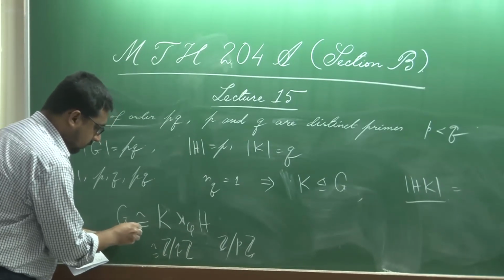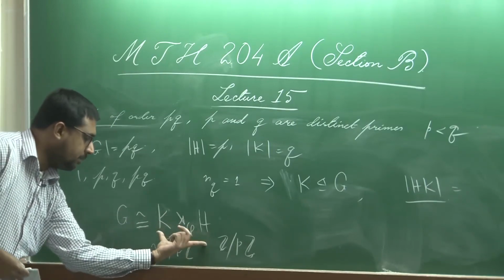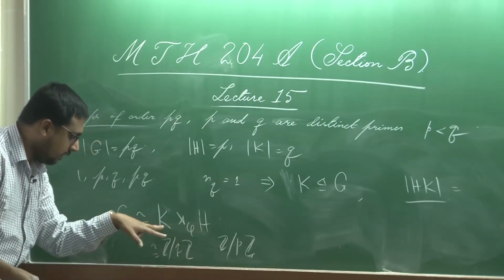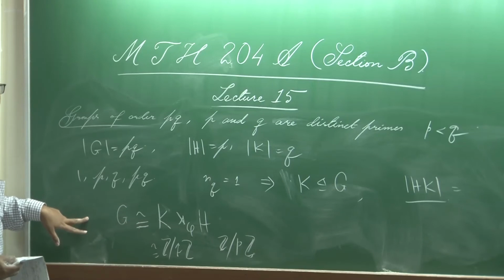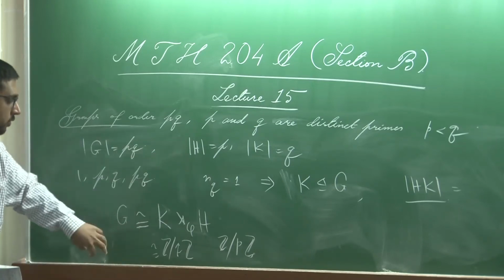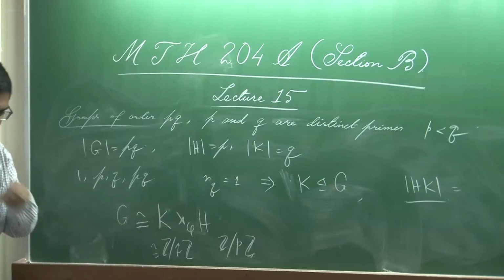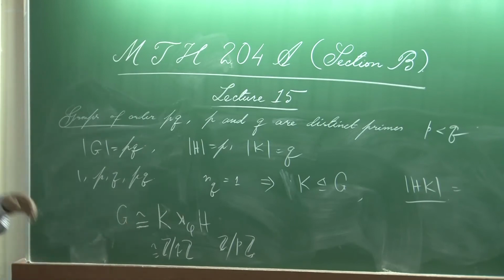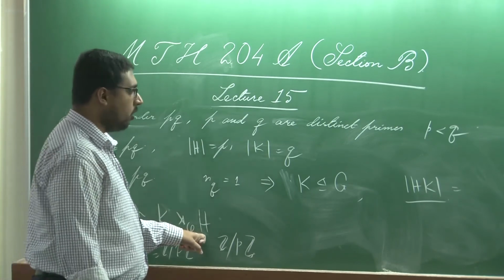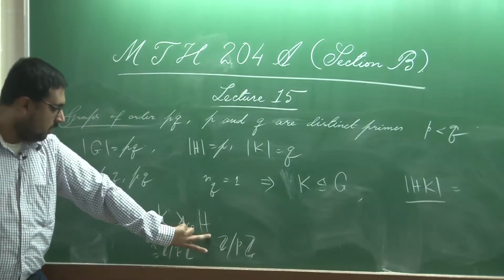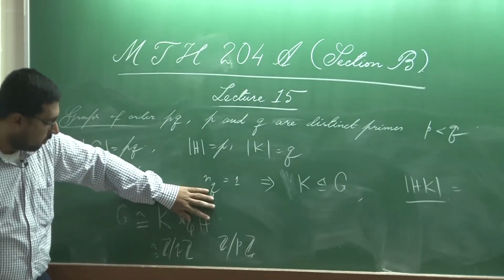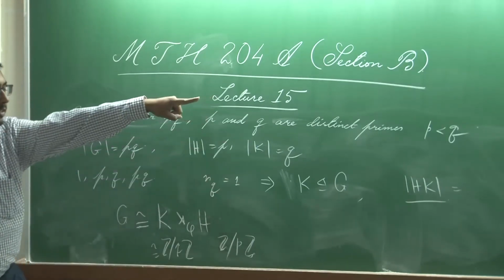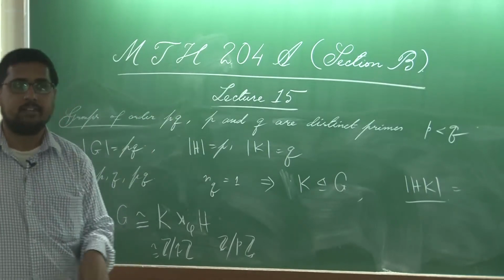Under this isomorphism, this semi-direct product has a copy of H and a copy of K, corresponding to the given subgroups H and K respectively. That is quite easy from the recognition theorem, which you have already observed. So H is normal in G means its image, the copy of H, is also normal. That forces phi to be trivial, hence we have the cyclic structure.